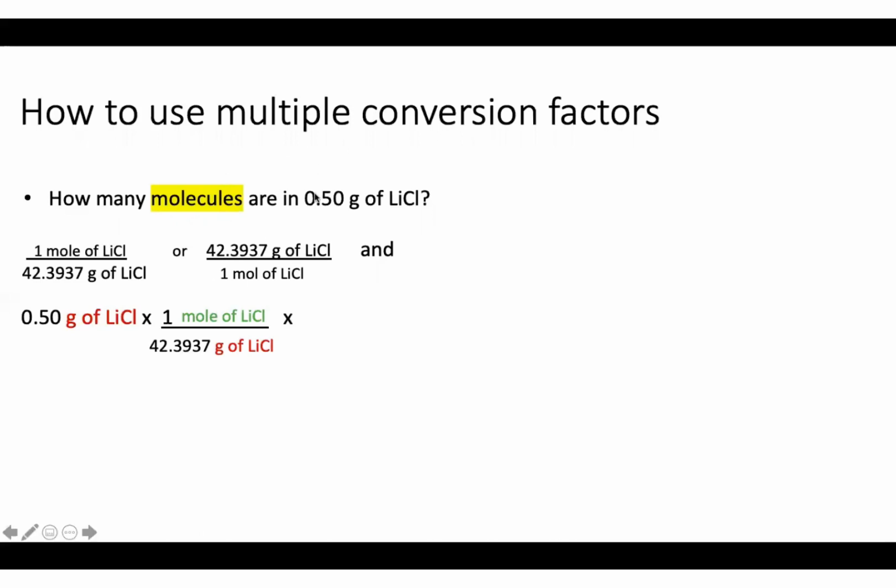The first thing I said is we should start with the given number, and if the given number is not in moles, we should first convert to mole. So I'm going to use conversion factor number 3, write it in 2 ways, and choose the one that matches the previous unit. I convert to the mole, but my final unit on top is not matching.